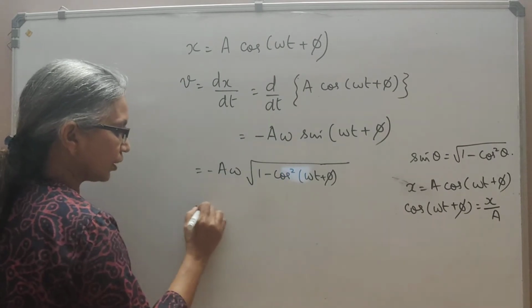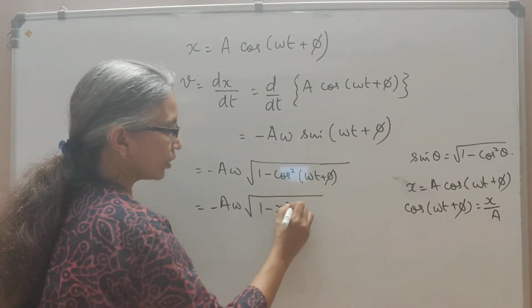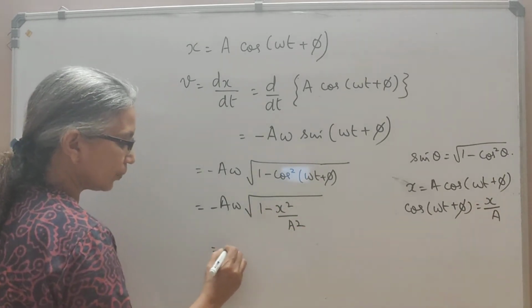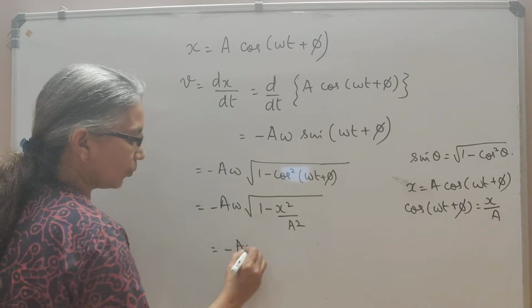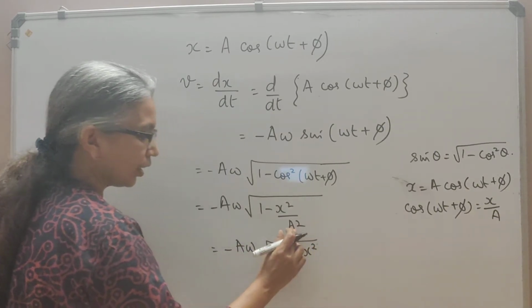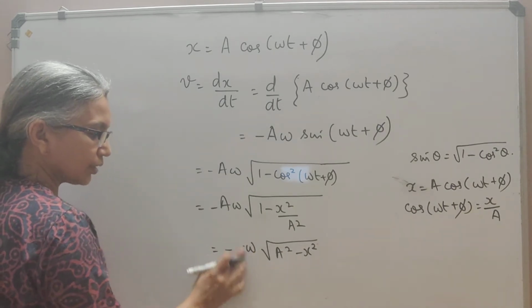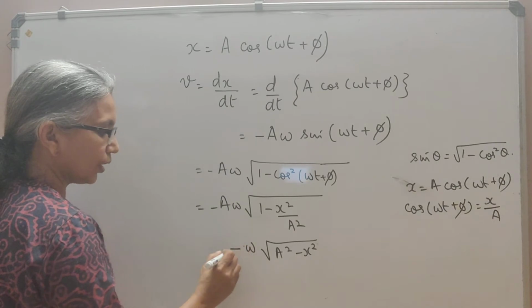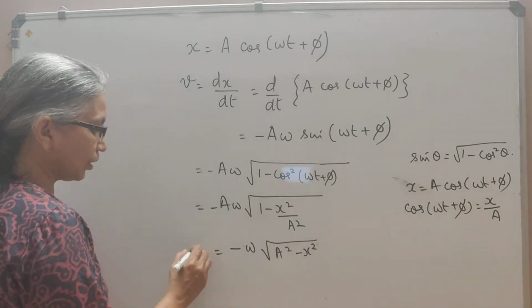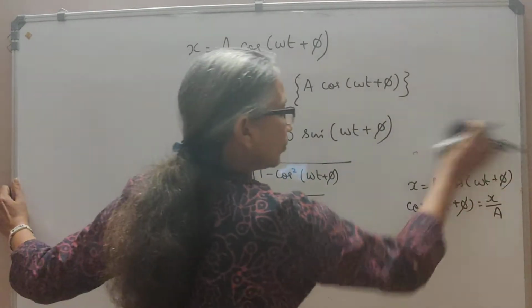So I may substitute that here and write minus a omega root of 1 minus x square by a square, or if I cross multiply, this will be minus a omega root of a square minus x square, with a square taken outside so that it becomes a, and cancelling this, you have minus omega root of a square minus x square, representing the velocity of the particle.